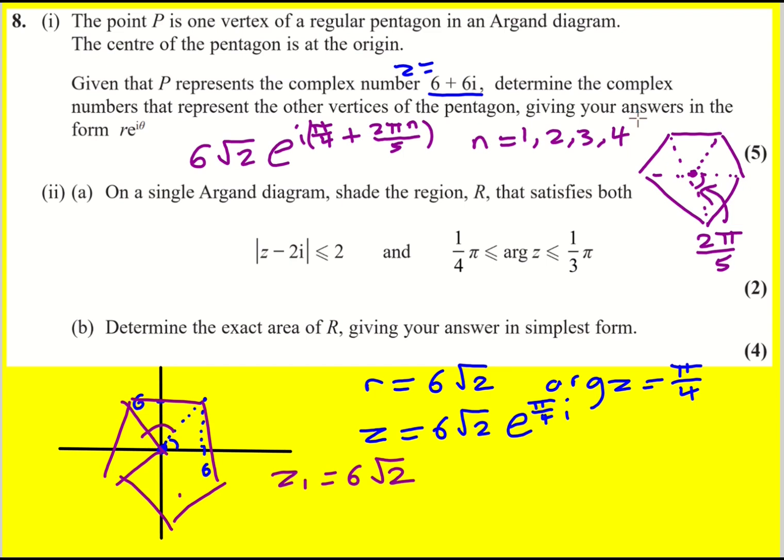Okay, let's play a bit safer and write each one down. So we're just adding 2 pi over 5 on every time. You can put it into your calculator, and you end up getting 6 root 2 e to the 13 pi over 20 i. Then the next one is 21 pi over 20 i.